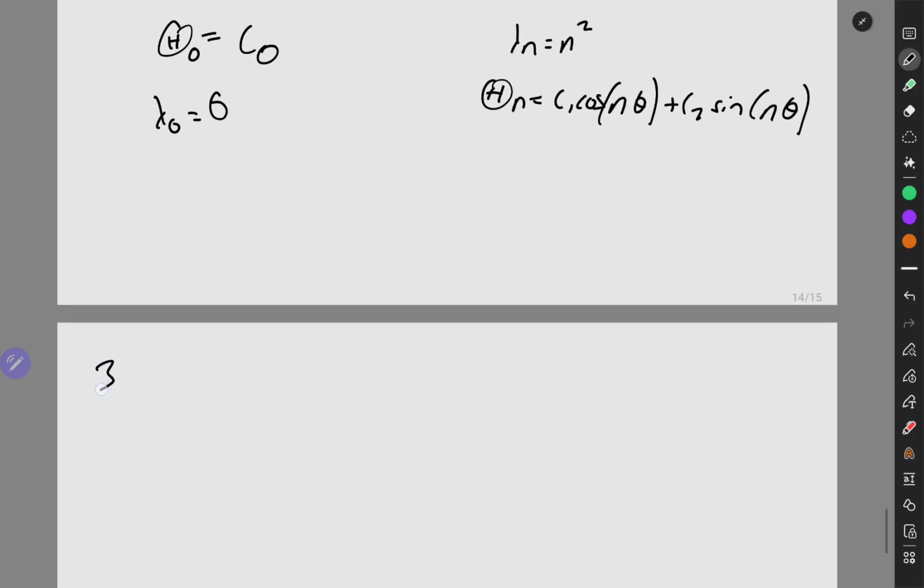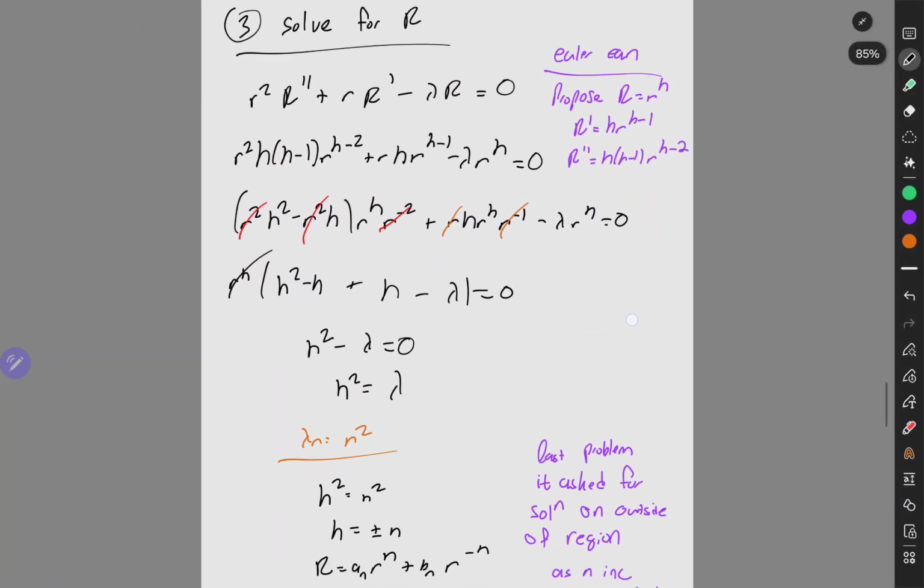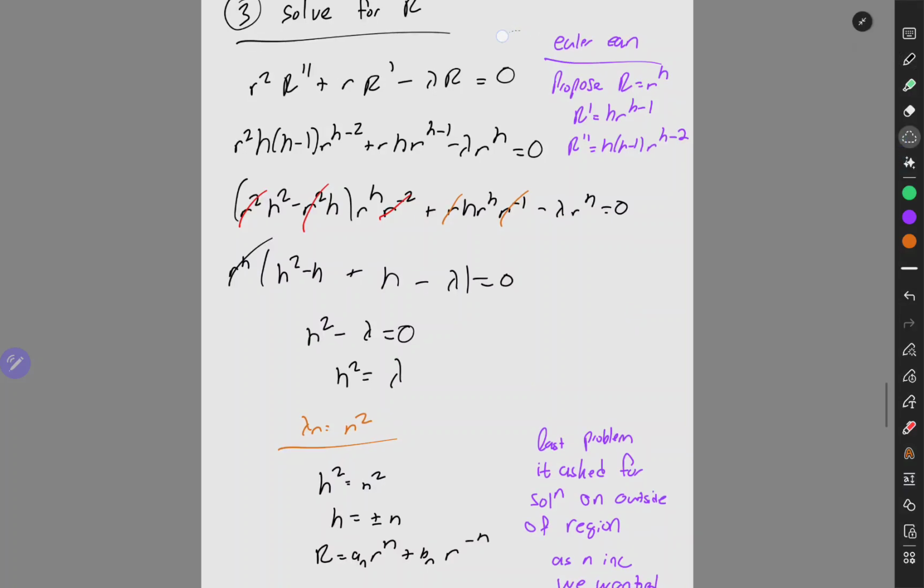But step 3, solve for R. I'm going to copy this right here. All of this.